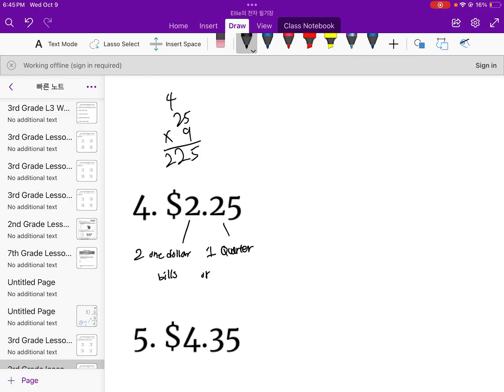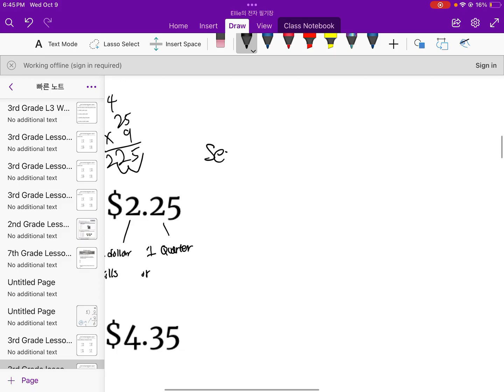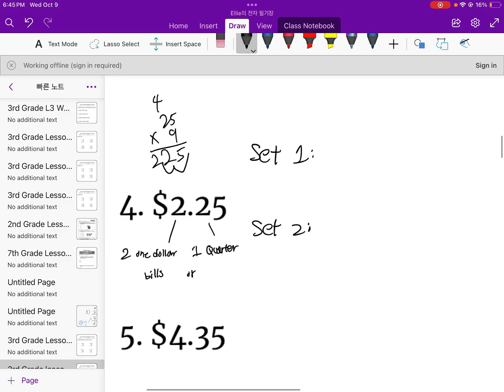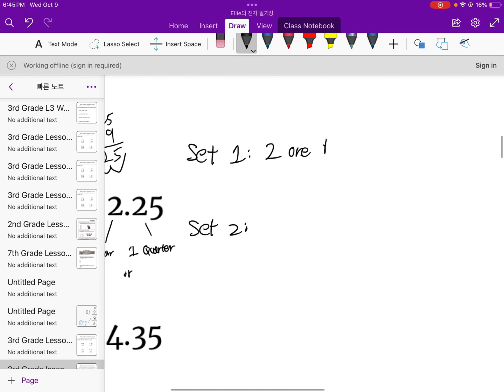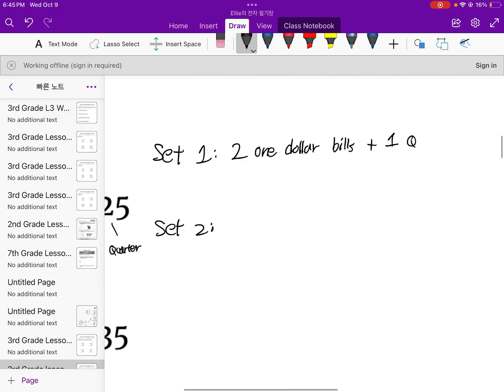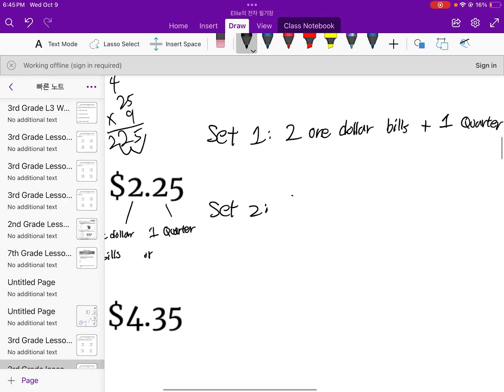But since this is a quarter, we're gonna move the decimal place to make it dollars. So it's the same thing. So set 1, set 2: we're gonna have 2 $1 bills plus 1 quarter, or we can just have 9 quarters.